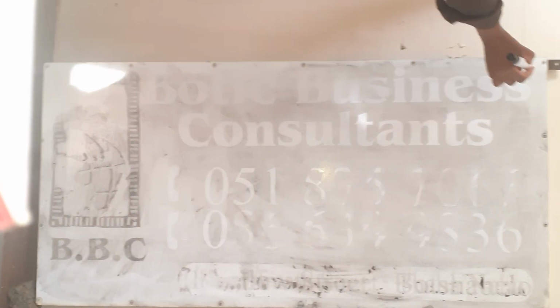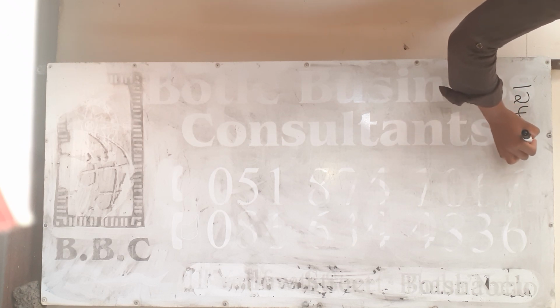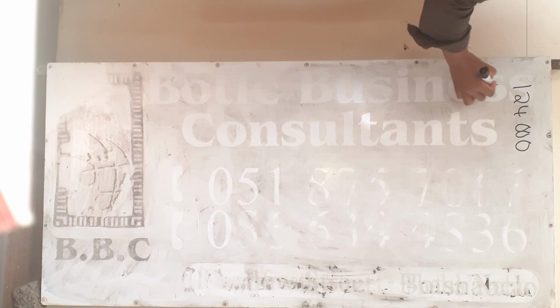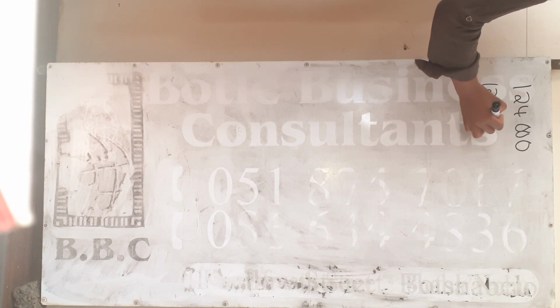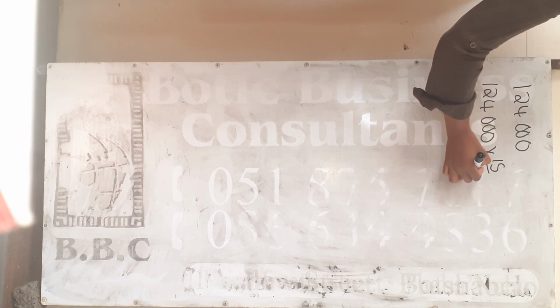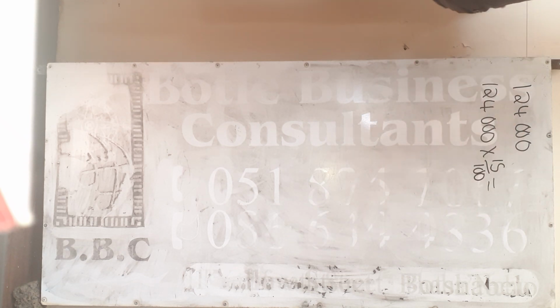So her salary is 124,000 rand. To prove it for the 15%, first you're going to say 124,000 times 15 over 100. 15 over 100 is the same as 15%.